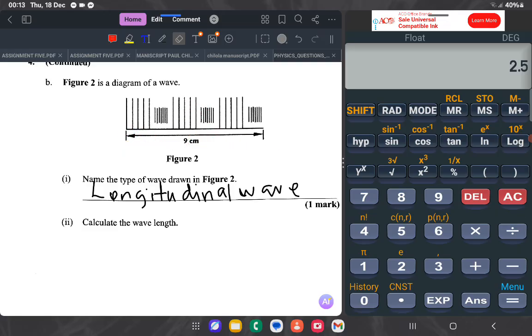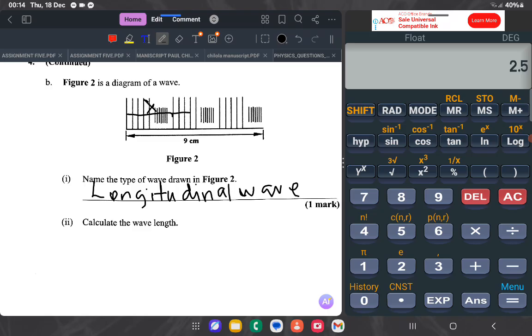So calculate the wavelength of the wave. For us to calculate the wavelength, we need to find how many wavelengths we have in this wave. So we have one, that's the first one.